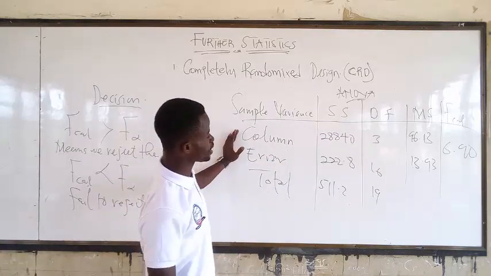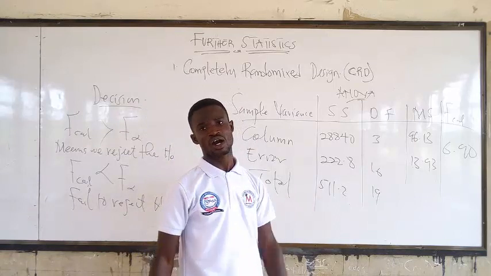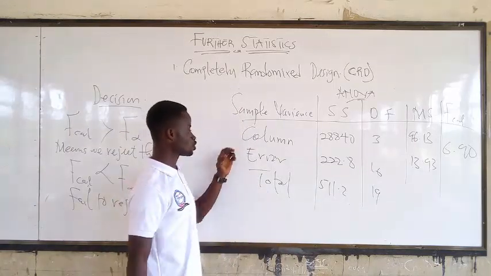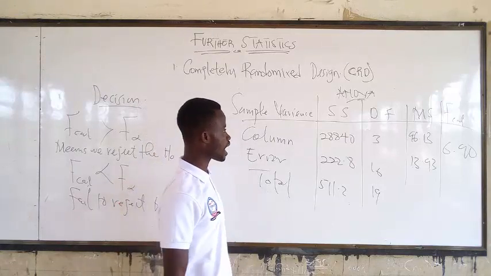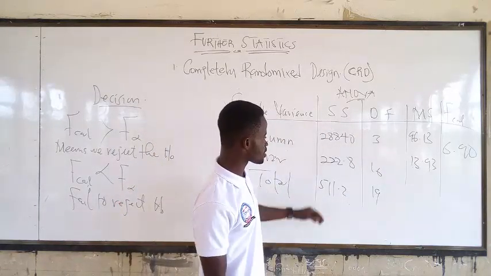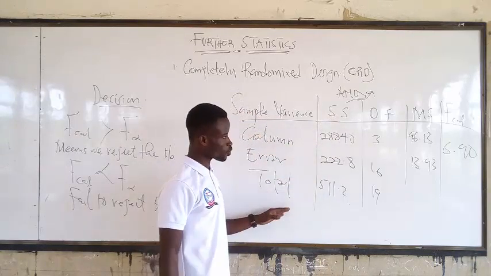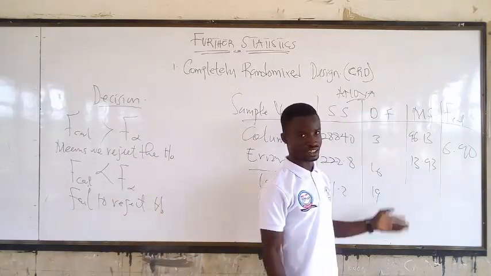This is going to be the ANOVA table for equal sample sizes. You have the column, the error, and the total. You have the SS here: sum of squares column, sum of squares error, sum of squares total, and each degree of freedom.